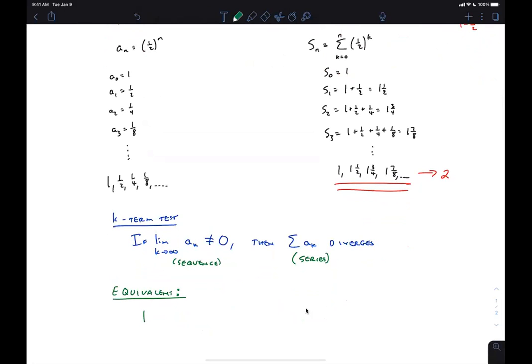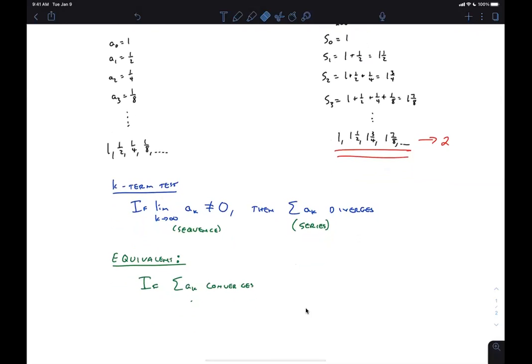is that if the sum converges, so if the series converges, man, sorry, it's not very neat, then what do you think we would know about the limit of the sequence?